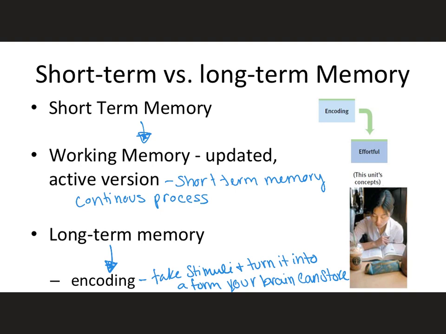There are two types of encoding. There's effortful encoding, where you take information or stimuli and turn it into a form your brain can understand. In this case, studying would be an example of effortful processing.